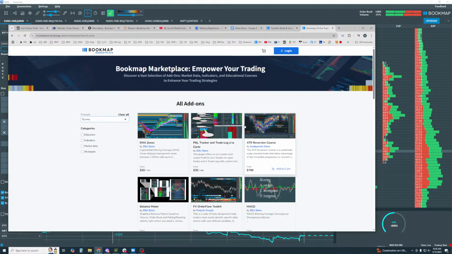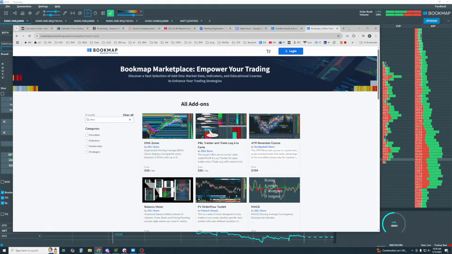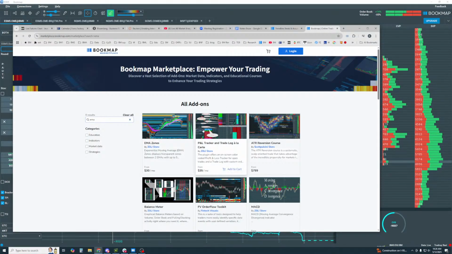Okay, and why we're offering this as add-ons: we open up Bookmap with our API to others so that they can create add-ons and put them into the marketplace here.